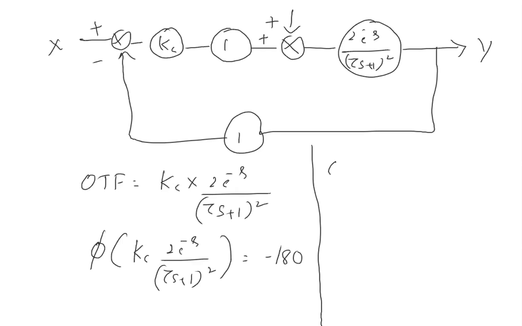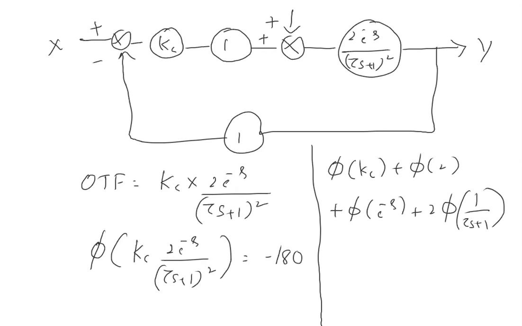So phase angle of Kc plus phase angle of 2 plus phase angle of e power minus s plus 2 into phase angle of 1 by (tau s plus 1) is equal to minus 180. What is the phase angle of Kc? 0. What is the phase angle of 2? 0.